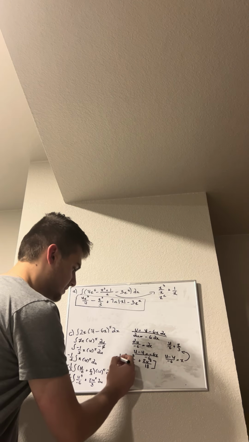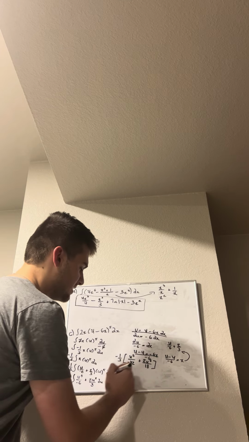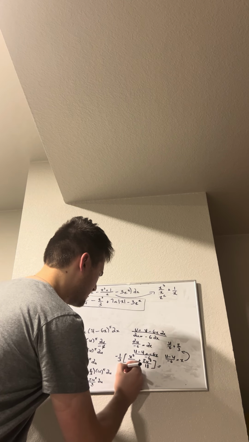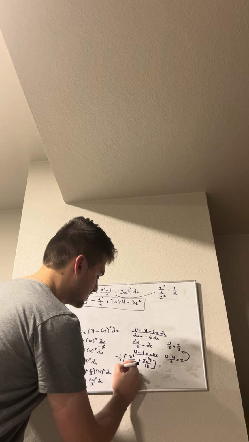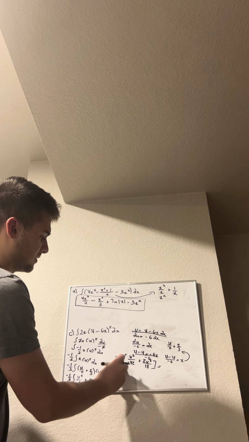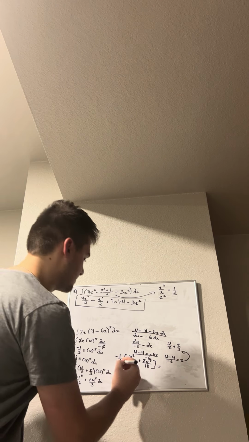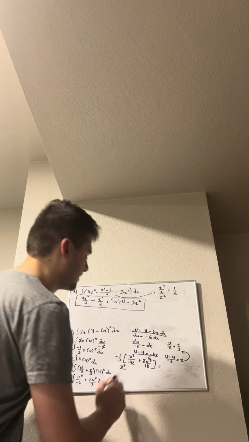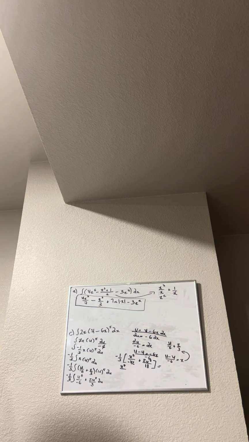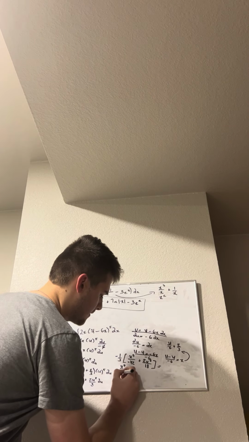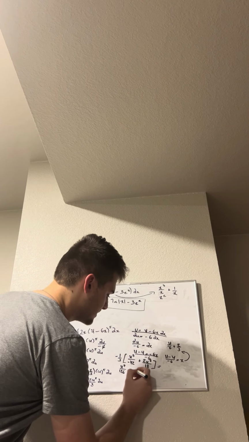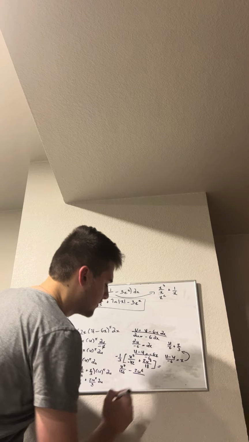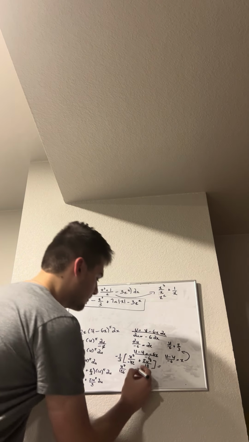Now we can distribute the negative 1/3 into each term. In this case it would be positive, because this fraction is negative, so it would be u to the 7 over 42 times 3, which is 126, minus 2u to the 6 over 54.